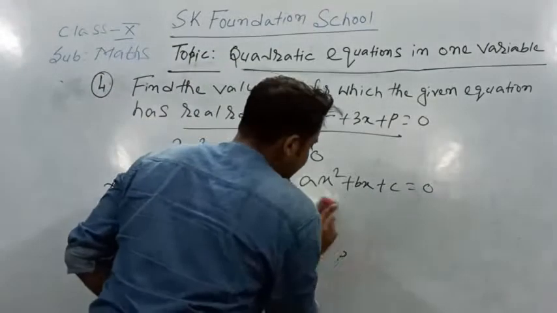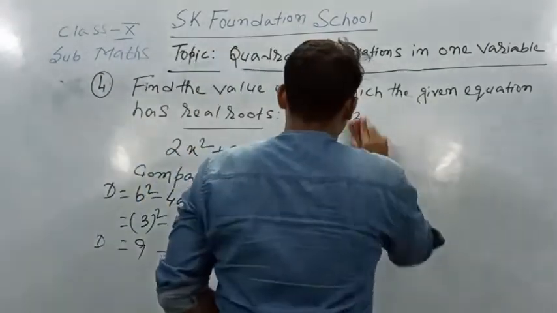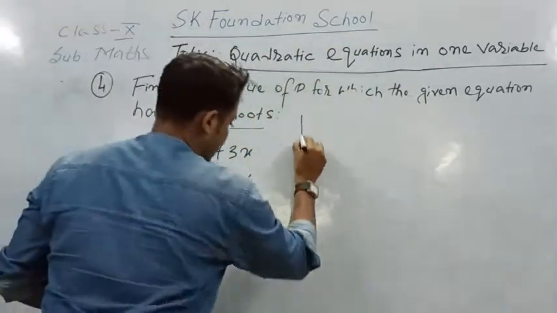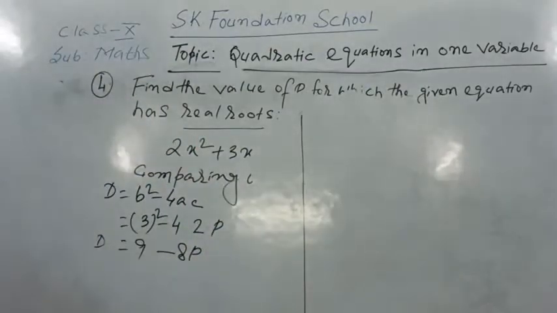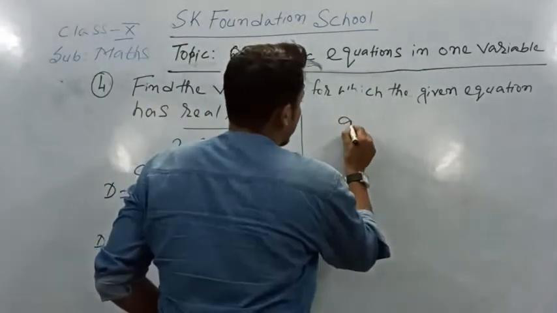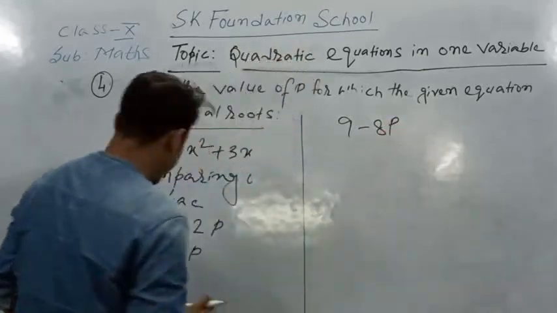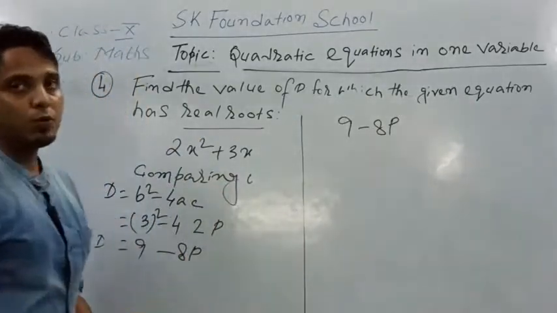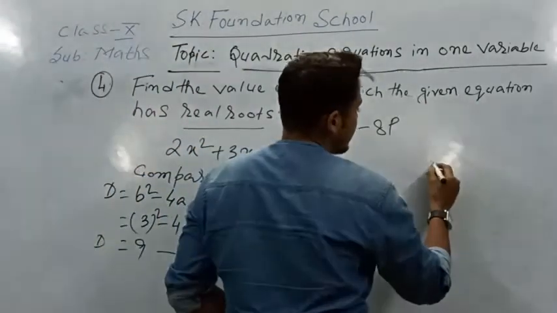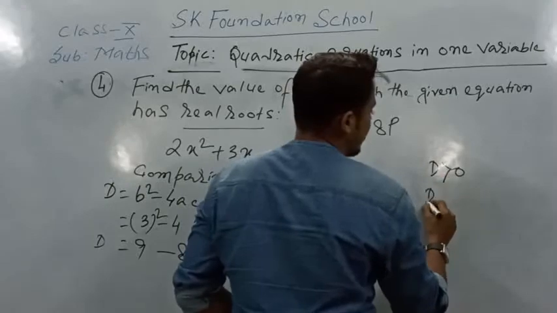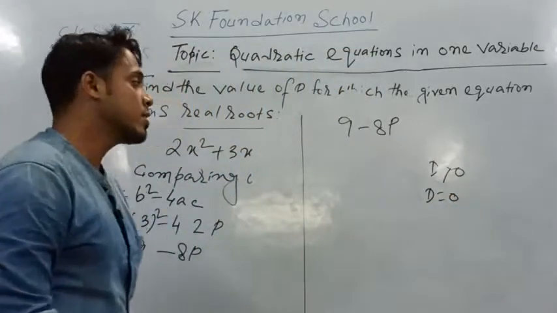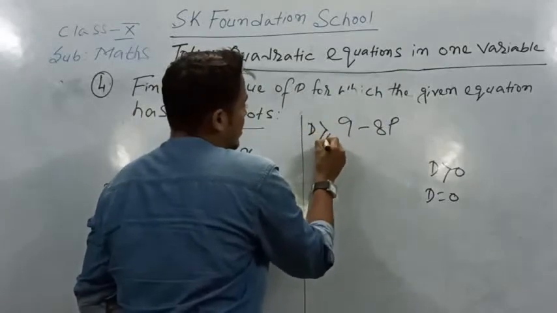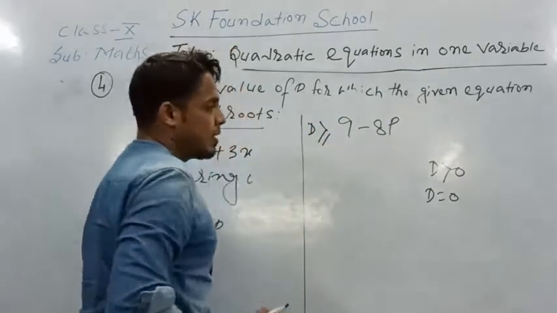So for that reason we put 9 minus 8p as the value of D. The statement says the equation has real roots, so real roots are possible under two conditions, either D greater than 0 or D equals 0. So here we put D, 9 minus 8p, right?